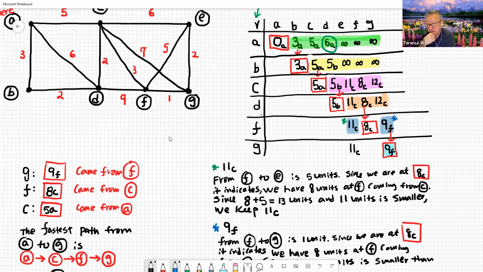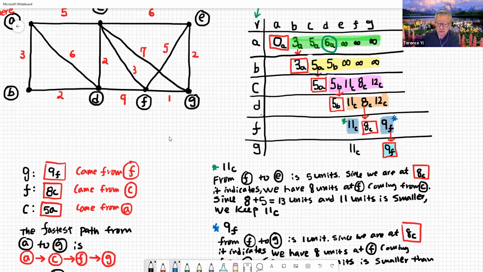Okay, so now in this exercise, if I want to find out the fastest path from A to F, then I know that it takes about 8 units. Then it's going to be F obviously at the end. Then I'm going backward. F, C, A. Okay, and that would be the fastest path to get to F.